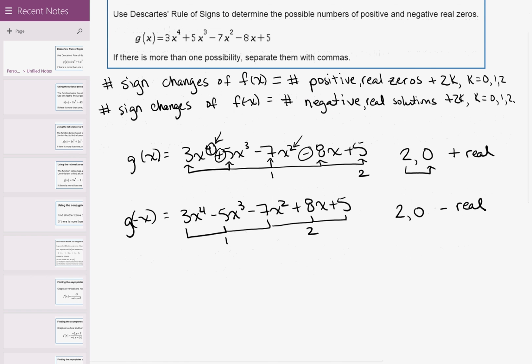Now, what this means is that if I'm looking for the zeros, not solutions, zeros, solutions to g of x equals 0, if I'm looking for all of those roots, and I find one real root or one real zero, there has to be another one, because I can't have only one positive.